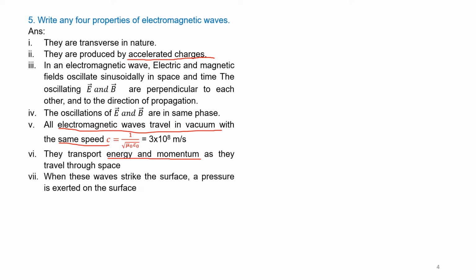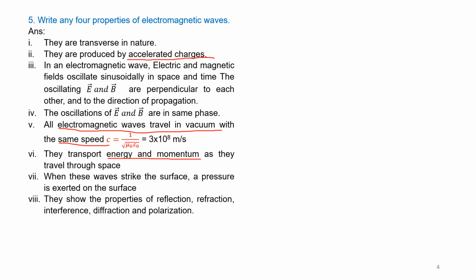Property number 7. When these waves strike a surface, a pressure is exerted on the surface. Property number 8. They show properties of reflection, refraction, interference, diffraction, and polarization. This is also important.